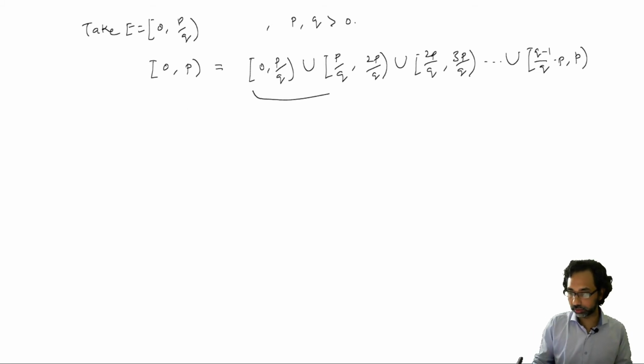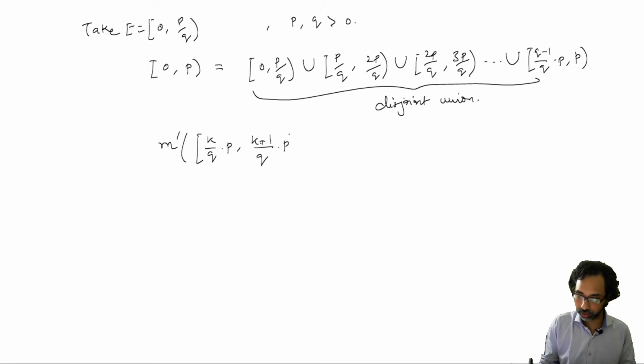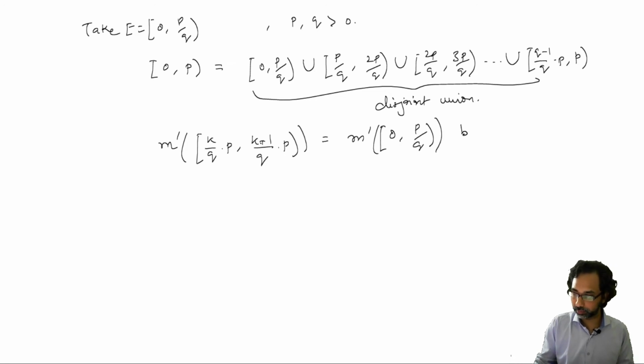So this is now a disjoint union, and again we will use the same trick to write m prime of the set k by q times p, k plus 1 by q times p. This is the same as m prime of 0, p by q by translation invariance.